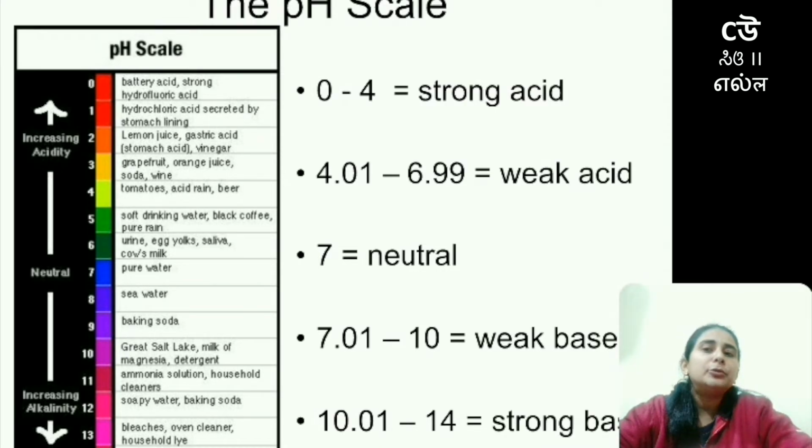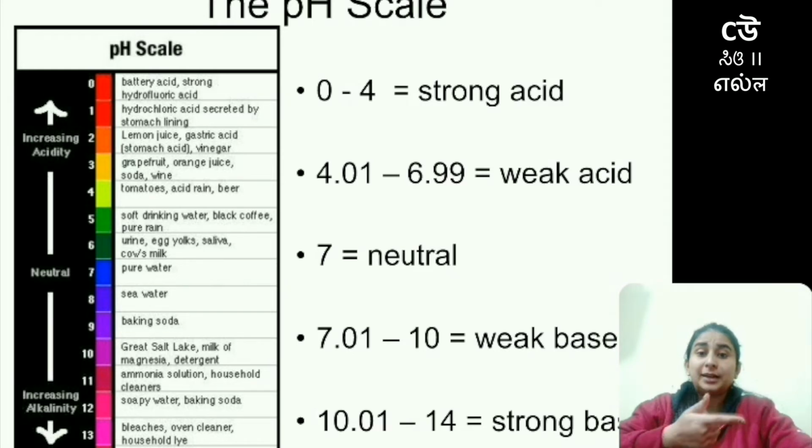But if the value ranges between 4.01 to 6.99, we'll say that it's a weak acid. So even if there is a substance whose value is around 4.01 to 6.99, that means just 1 point less than 7, that will be a weak acid. And then if you're getting a substance whose pH value is around 7, we'll say that it's a neutral substance. For example, water. Water is a neutral substance.